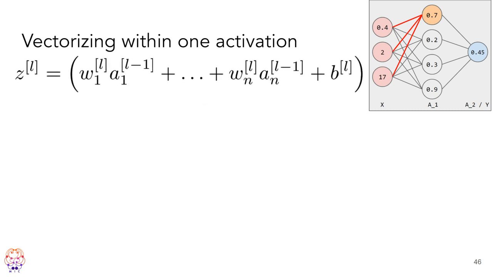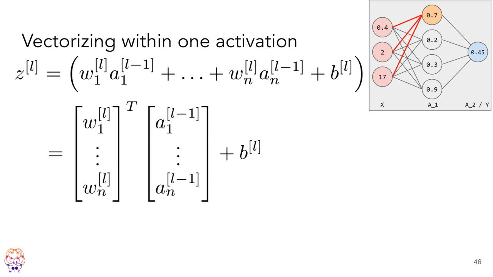So here is our equation that we had before. Basically, this is from one neuron, and we take the inputs and multiply them by a weight, add a bias, and then we get our affine value, which is z. And what we can do is take that and put it into a dot product. As you can see, if you take the multiplication, this multiplies by this, and so on.